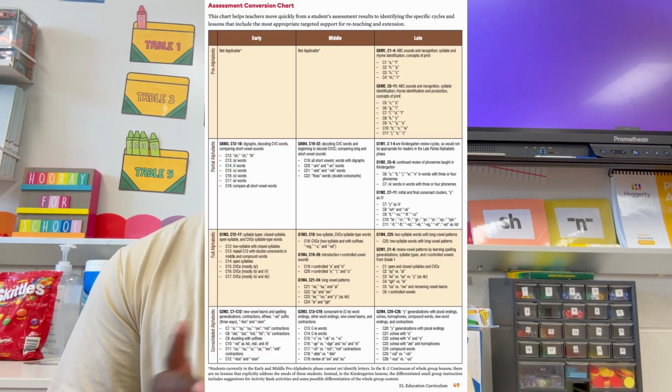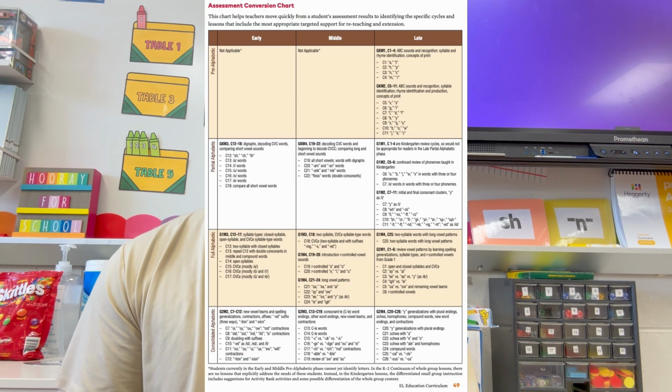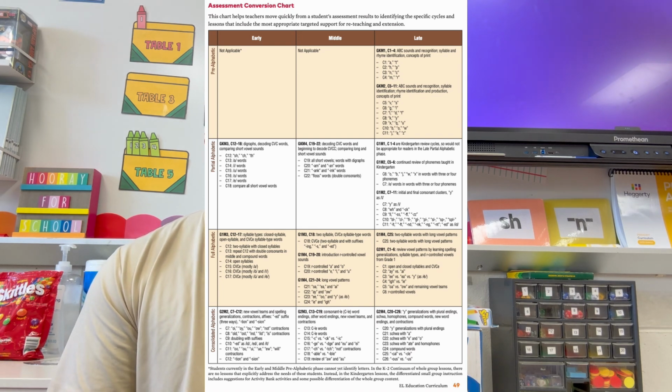Now we're going to get into what I do during my small groups, and then we'll get into what my other friends are doing when they're not with me. Now, I've shown it again and again, and I'm going to show it to you again right now. When I'm making my groups, I go back and look at our assessment conversion chart, because on that chart, it tells me each microphase.